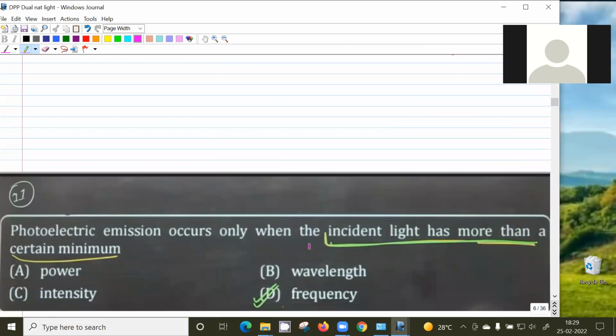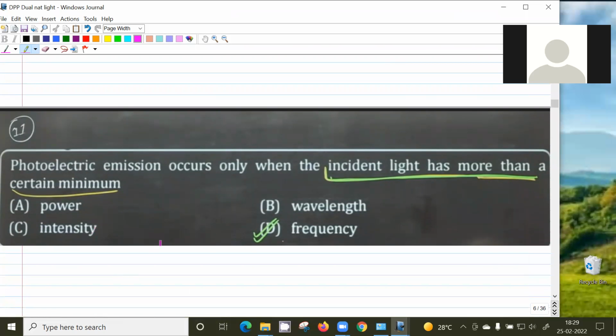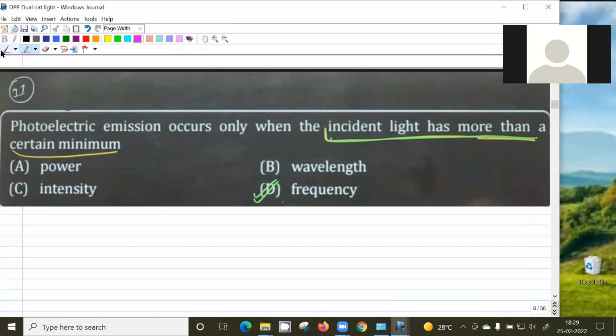Photoelectric emission occurs only when the incident light has more than a certain minimum frequency. What is the photoelectric equation? E is equal to phi naught plus kinetic energy. So the incident energy in the photoelectric effect is h nu, right?